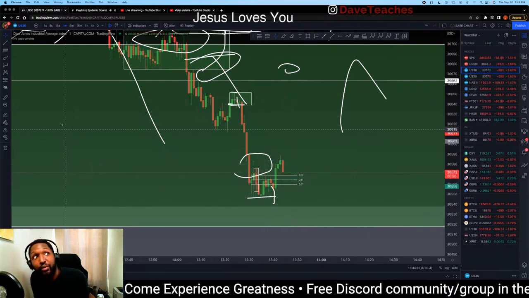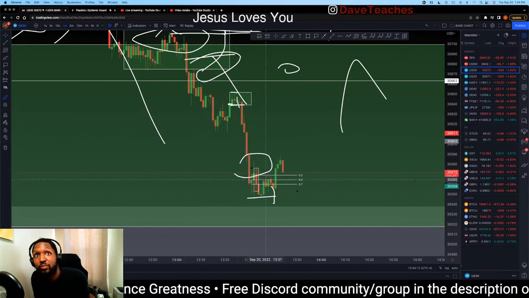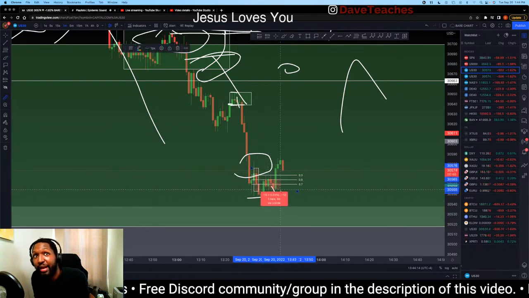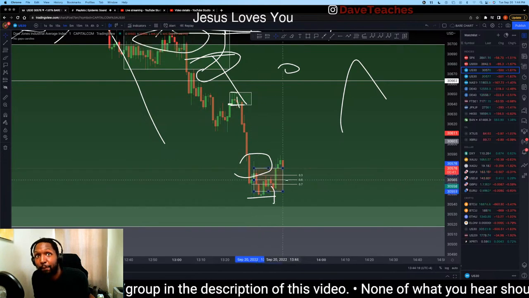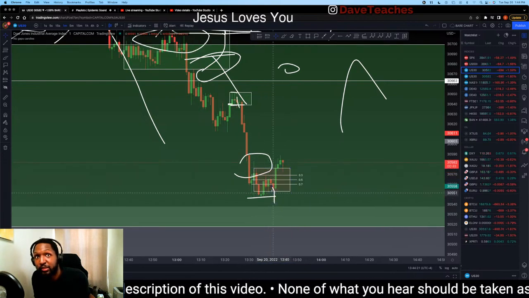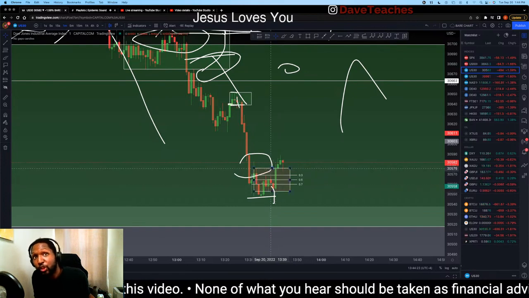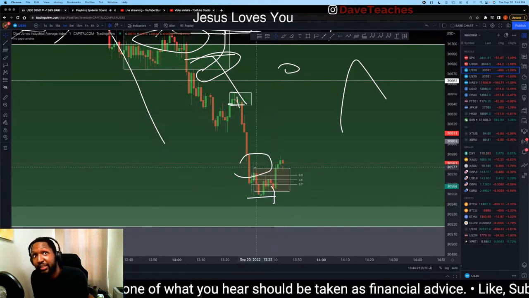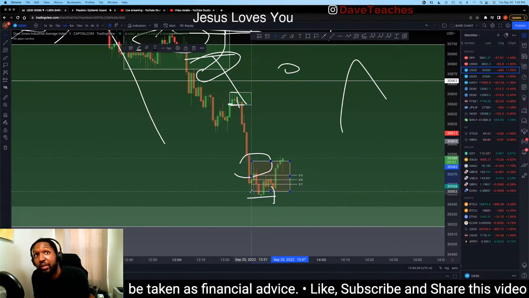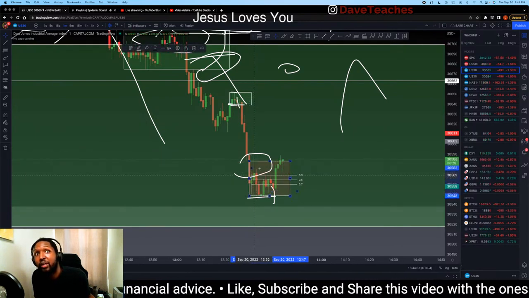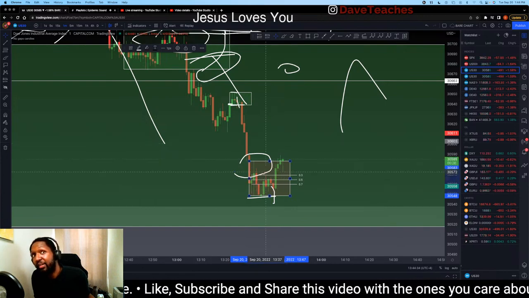We tap into it right here, and then we come back out of it. Look, you see the wicks? Took us back out. So when price came back into it, it liquidated the top side of it. But we were within two hidden S&Ds. There was one here, there was one here, and there was another one here. So we liquidated the top side of it.